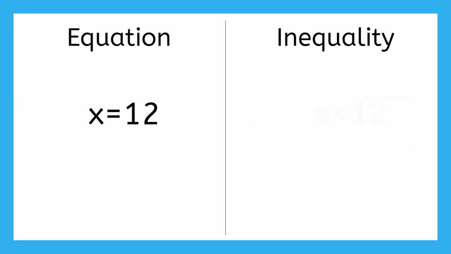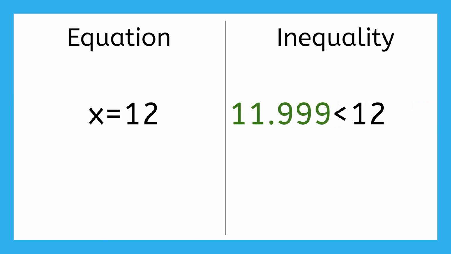Take this inequality, for example. It says that x is less than 12. So the left side would be the lower side of the scale because it's less than the right side. There are all sorts of numbers that would make this true, like 9 is less than 12, and -5 is less than 12, and 4.593, and even 11.999.